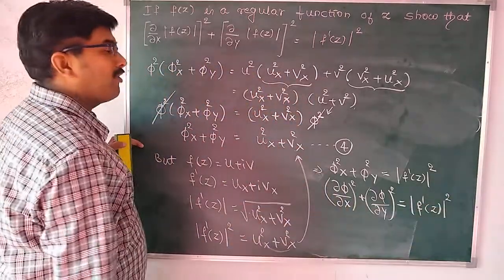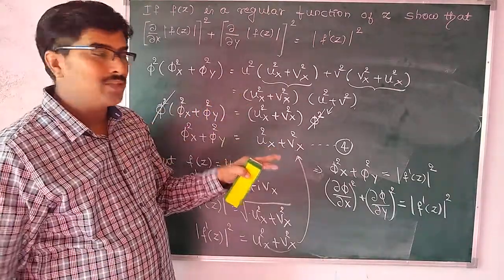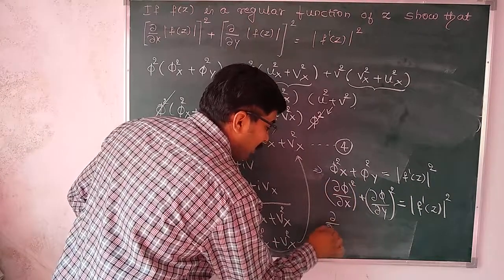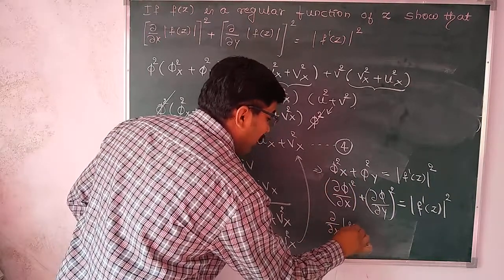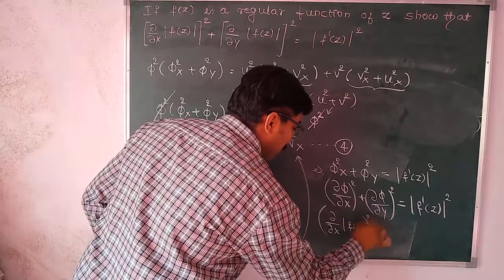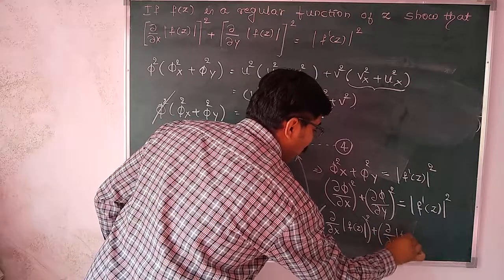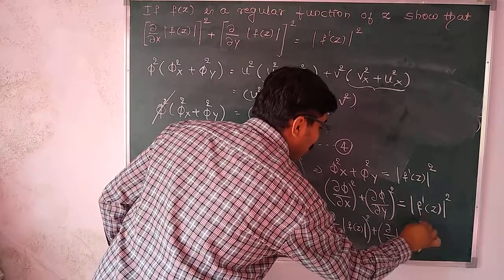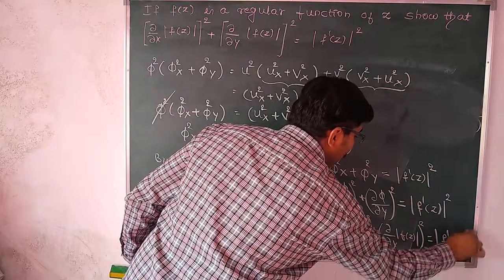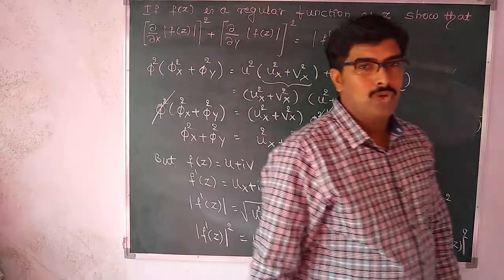But what is the value for phi? Phi value is equal to u square plus v square, and that is mod f of z whole square. So totally we can write it as dou by dou x of mod f of z whole square plus dou by dou y of mod f of z whole square, and that is equal to mod f dash z whole square. So which is the required solution.